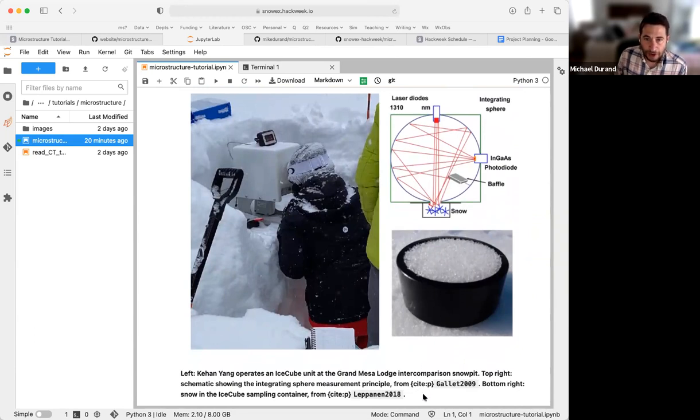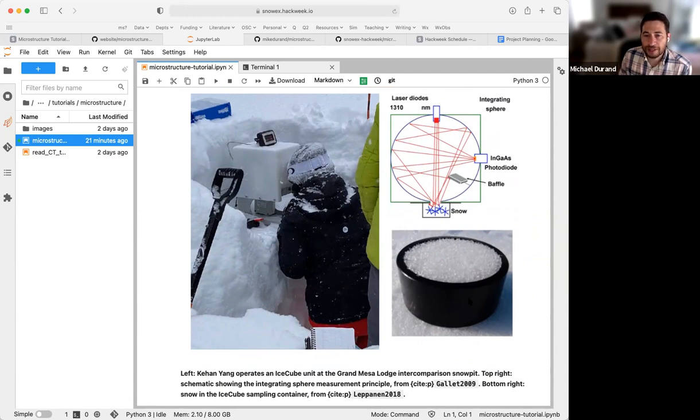So that's one of the 3. The second we'll talk about is integrating spheres. So integrating sphere measurements were made by actually 5 or 6 different people at Grand Mesa. This is Kihan Yang from Colorado. And this was our instrument.